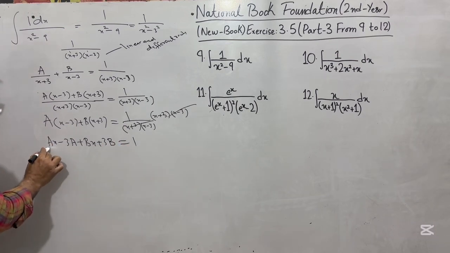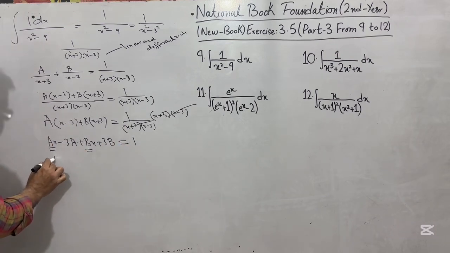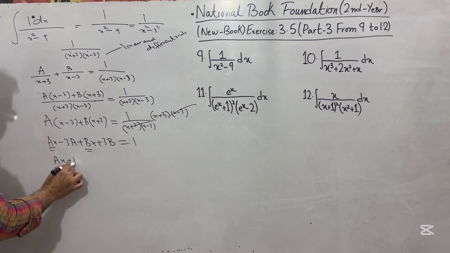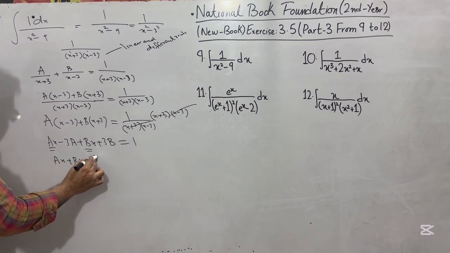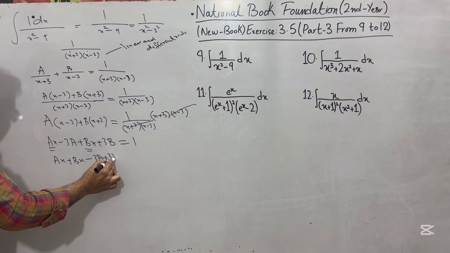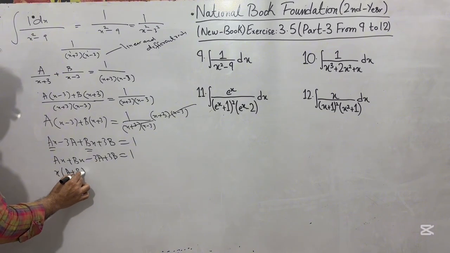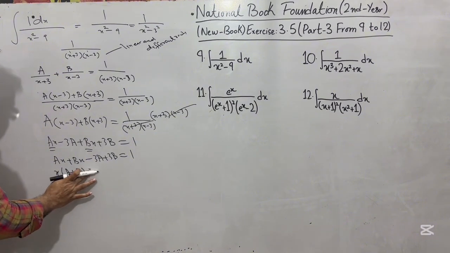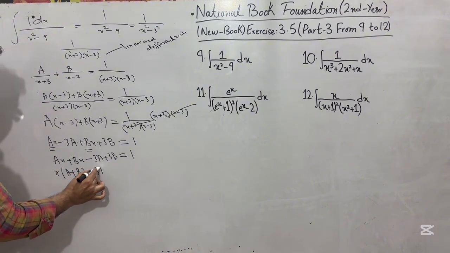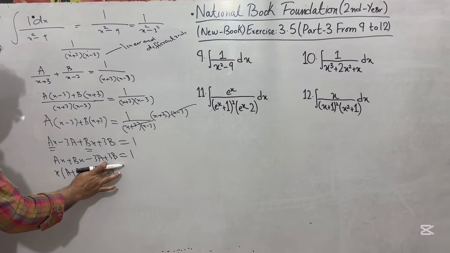Collecting the like terms, having x first, then the constant: ax plus bx, minus 3a plus 3b is equal to 1. Taking x common, a plus b. Nothing is common in the constant term, minus 3a plus 3b.